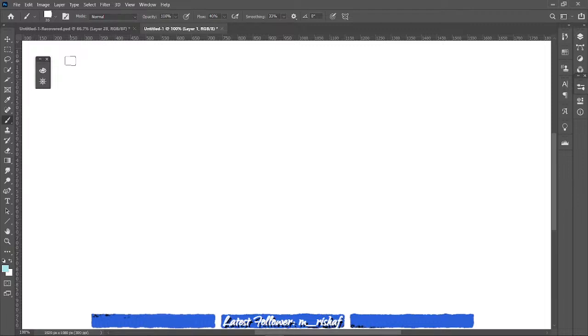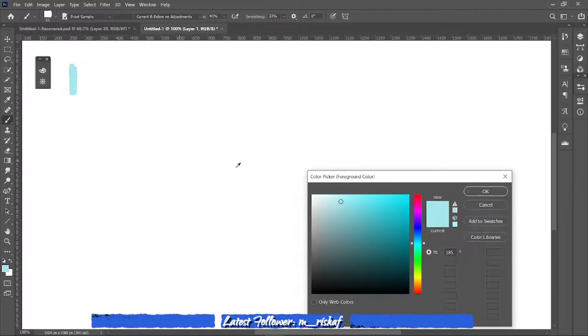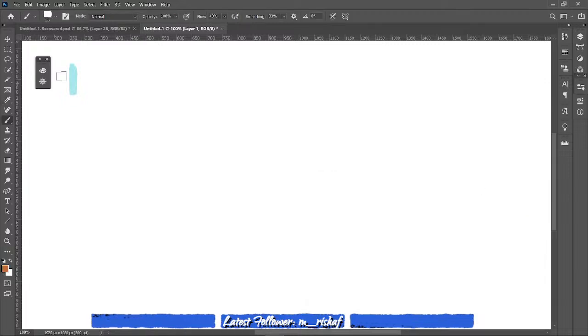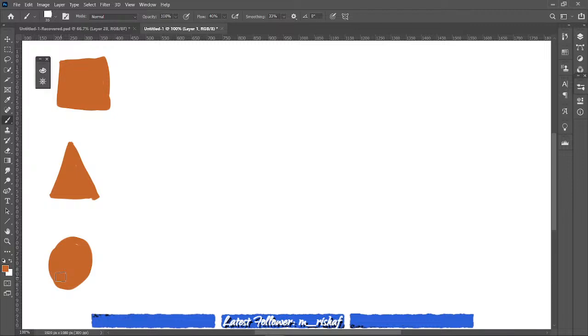There are three main shapes that we can use to simplify things: squares, triangles, and circles.